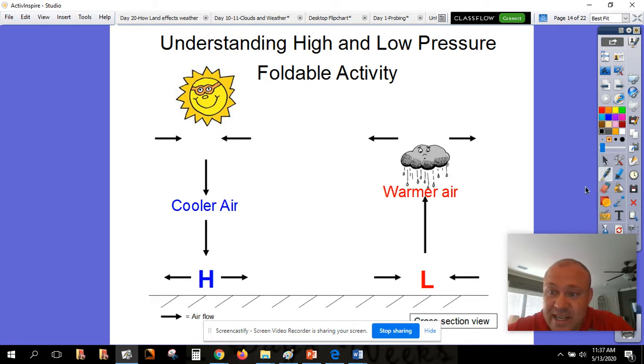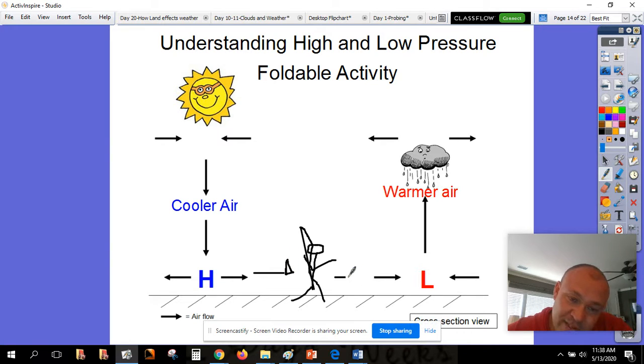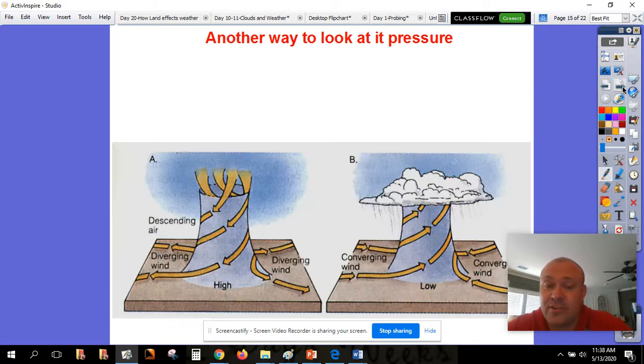If you were to stand in between these two pressure systems, you would feel air moving across the surface of the earth from high to low. And that is where wind comes from. So when you feel wind, that's what it is. It's air just moving from an area of higher pressure to an area of lower pressure.